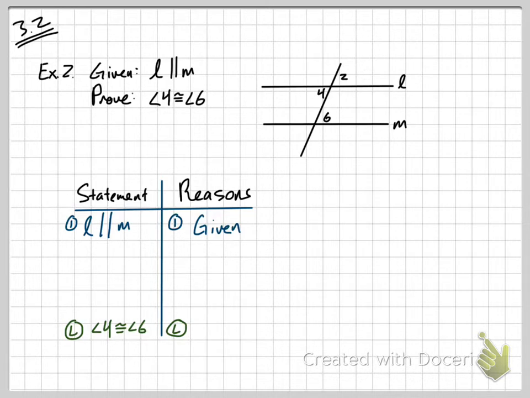All right. So what we want to do is take this given statement and label anything that is necessary in our diagram. So we know that these two lines, L and M, are parallel. So I want to add those extra set of arrows here to indicate parallel. And we want to point out some things that we know are true about our diagram.